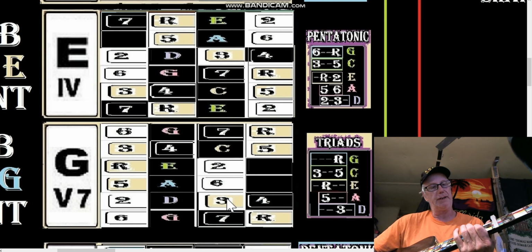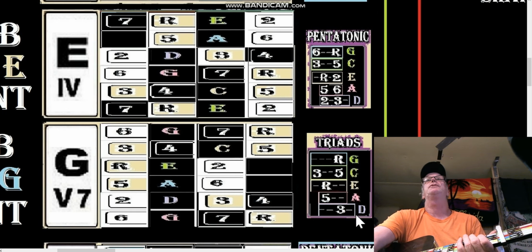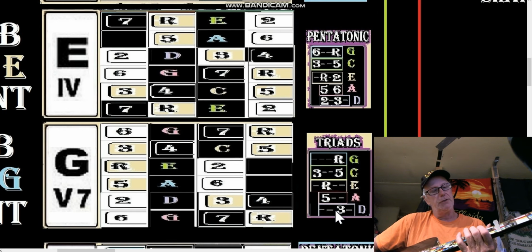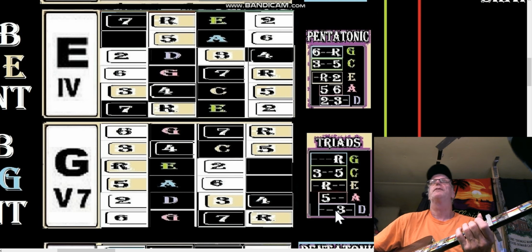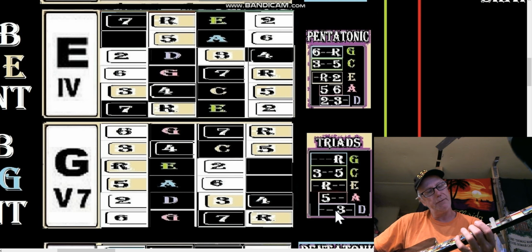The new way of doing it would be to do the substitution, starting on the second string for the D here, so it's just going to be 3 and then 5 and then root, like that. And let's see, we're doing a G shape there and then 3 5.